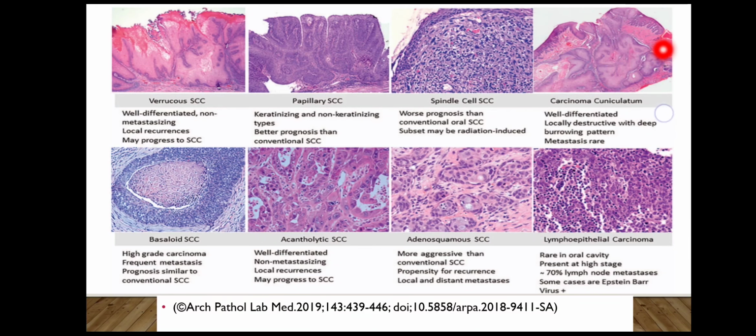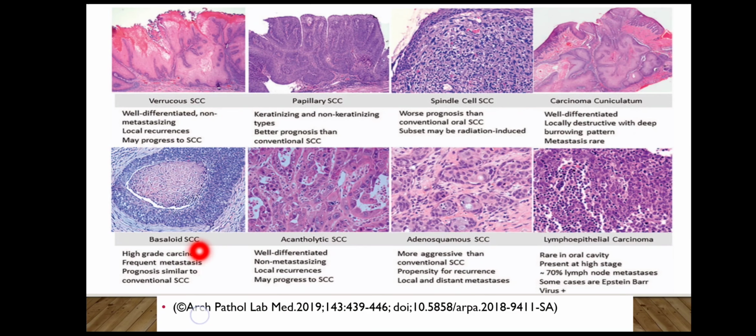Carcinoma cuniculatum is a well differentiated, locally destructive lesion with a deep burrowing pattern. So this is the epithelium, and suddenly there will be a burrow of tumor cells into the connective tissue stroma. Metastasis is rare in carcinoma cuniculatum.